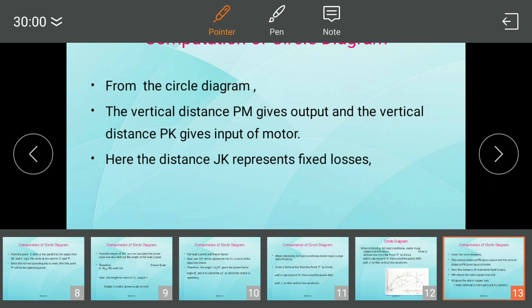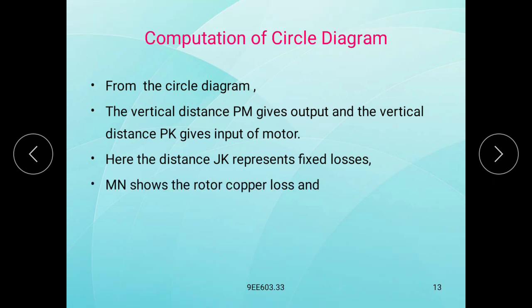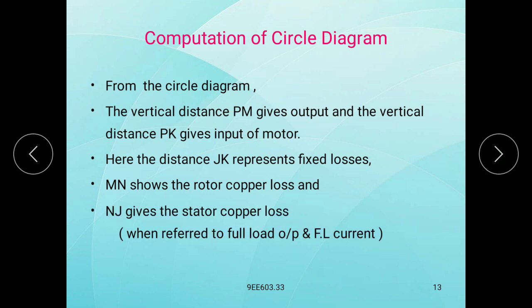Here the distance JK represents the fixed losses. MN shows the rotor copper losses, and NJ gives the stator copper losses when referred to full load output and full load current.